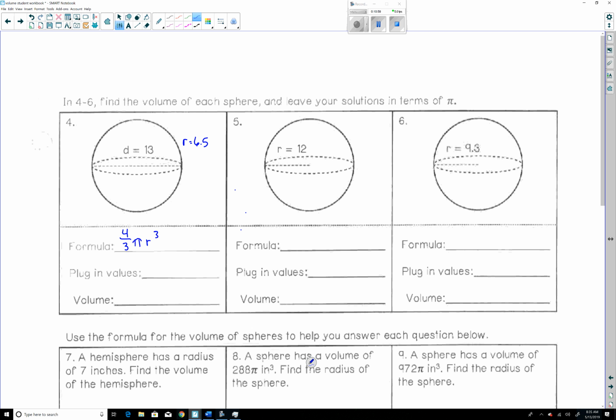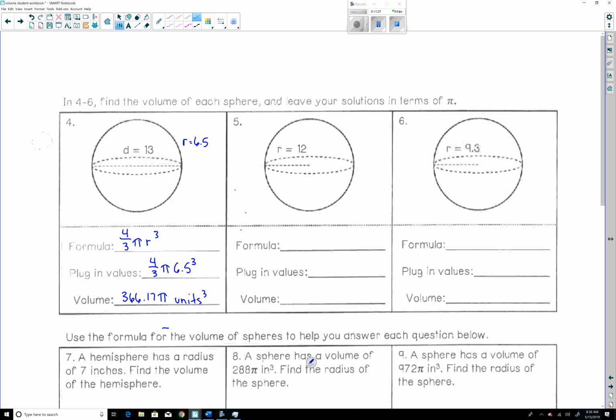Plugging in the values, 4/3 times pi times 6.5 cubed. In my calculator, I'm going to take 4/3 times 6.5 to the third power, and I get 366.17. I leave pi in my answer, and I don't have units, so I'm just going to say units cubed.